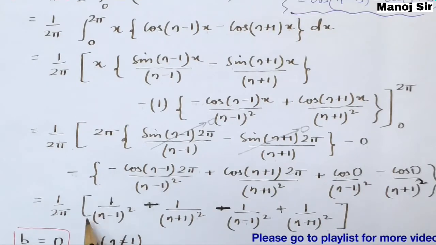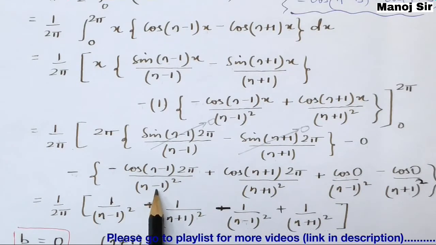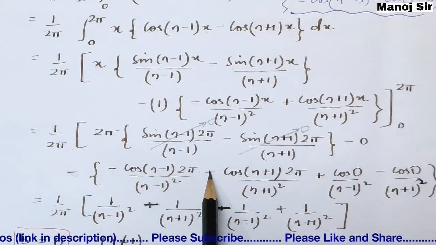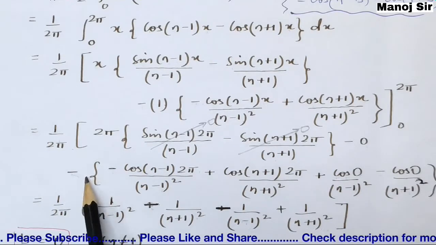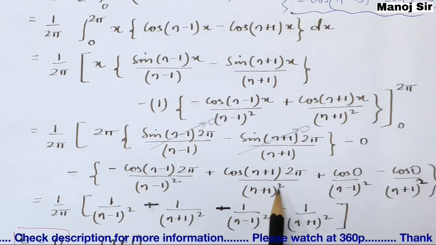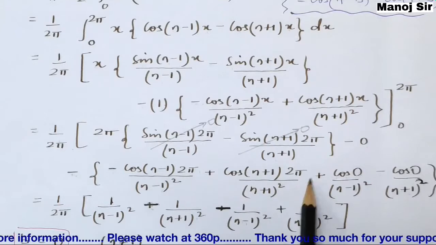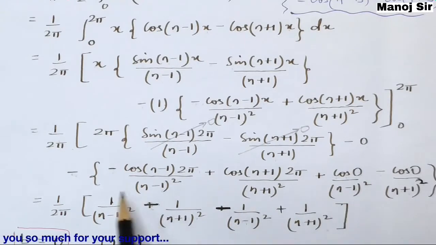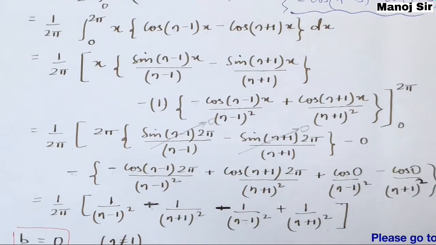So here, negative, that is positive, 1 upon (n minus 1) whole square. Again minus plus minus, that is 1 upon (n plus 1) whole square. Again negative, positive, negative, 1 upon (n minus 1) whole square. Here again negative, that is positive, 1 upon (n plus 1) whole square.